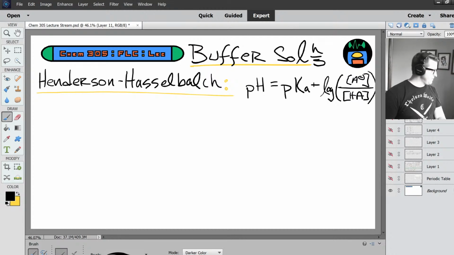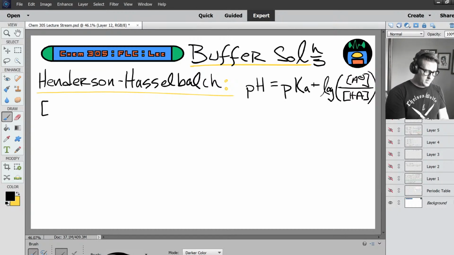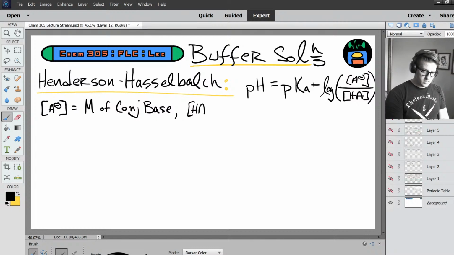All right, that is the Henderson-Hasselbalch equation. Let's unpack it for a minute. So A minus, as you know, is the molarity of the conjugate base, whatever it is. It'll be different for every buffered solution. Concentration of HA is the molarity of the weak acid.